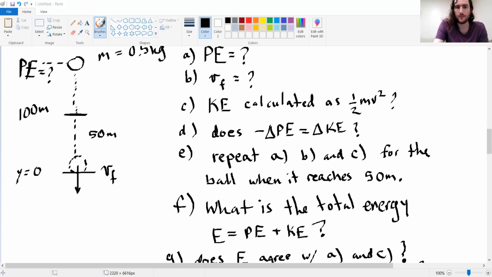Does anybody have the kinetic energy calculated as 1/2 mv squared? If you calculate it using 1/2 mv squared, then you should get an answer that is slightly different than the 490 joules that you got before. Kevin, your answer seems quite a bit off. Double check your calculation on that.